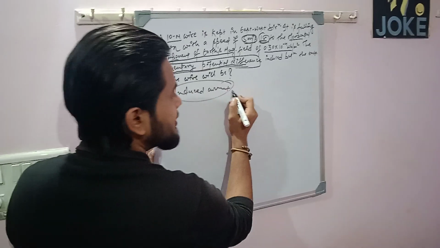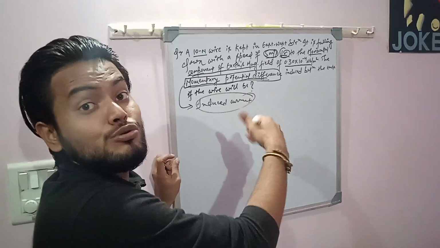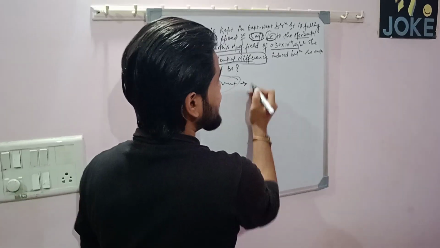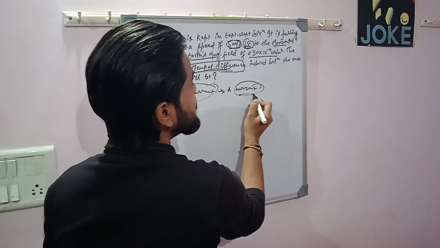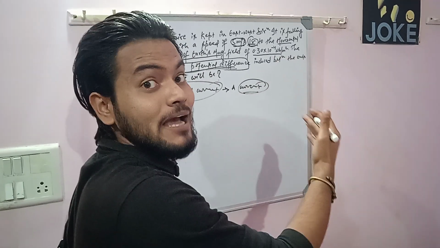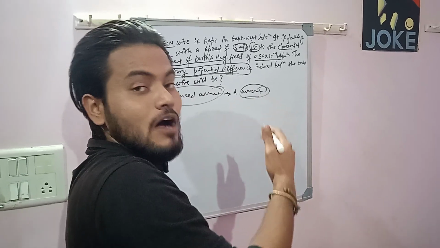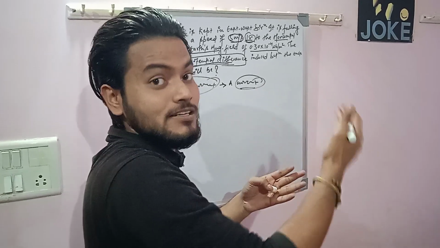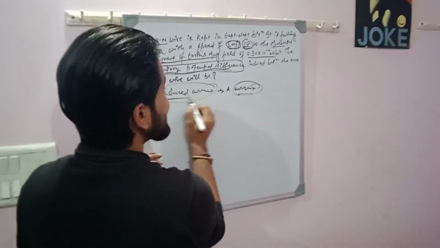Induced current is nothing but the current produced by the fluctuation of magnetic flux or magnetic field. It is a current produced by a change in the magnetic flux or magnetic field. Whatever current we get after the change in magnetic field or magnetic flux is known as induced current.